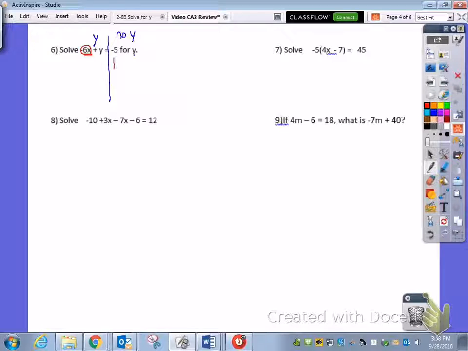Negative 6x becomes a positive 6x. Okay? So I have y left, and there's no y's over here, so I'm good. So now I can bring everything down. On the right, I have y equals. On the left, you start from the top. That's -5 plus 6x, and you're done.